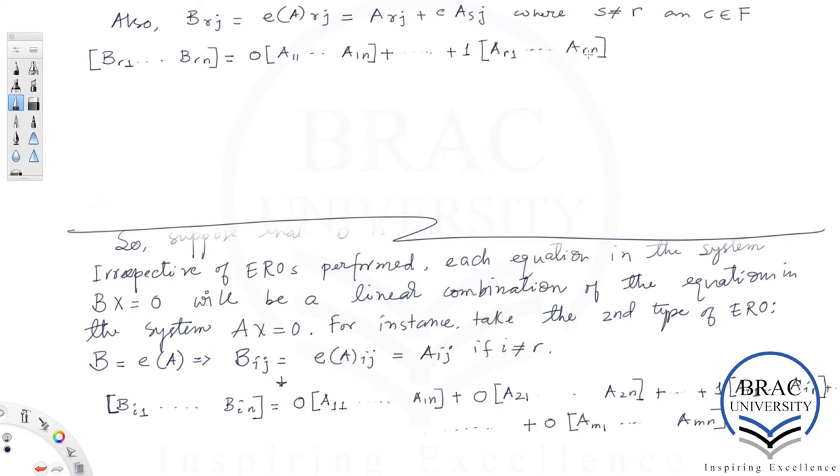This is the rth row of A, plus dot dot dot c times the sth row, As1 all the way up to Asn, plus dot dot dot 0 times the mth row of A.